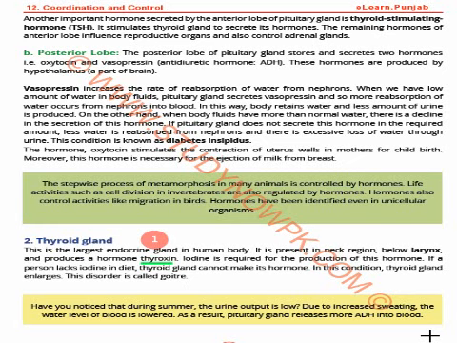They say that, in this yellow box, the urine output is low during summer. Why? Because of the increased sweating, the water level of the blood is lowered, so the pituitary gland releases more ADH into the blood. We are going to see loss of water with sweating. So more water is getting out of the body, and we need more water inside the body.